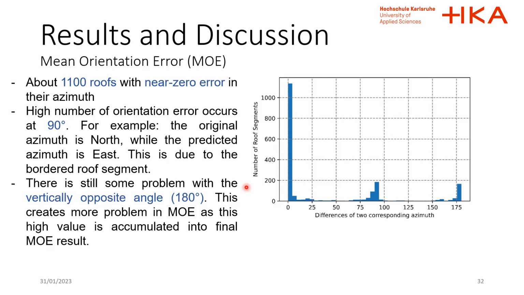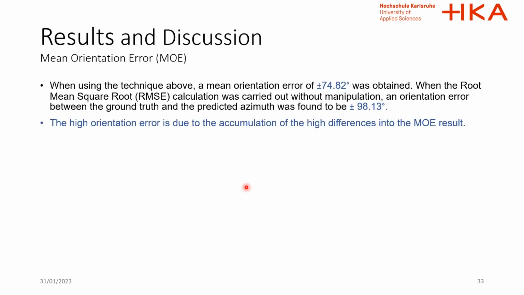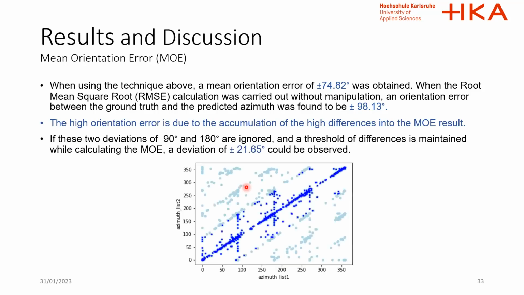While squaring that 180 degrees, it will be too much. So that was the problem in finding the mean orientation error. We got plus minus 74.82 mean orientation error, but if we also reduce that error of 180 degrees or 90 degrees, we can reduce it more.